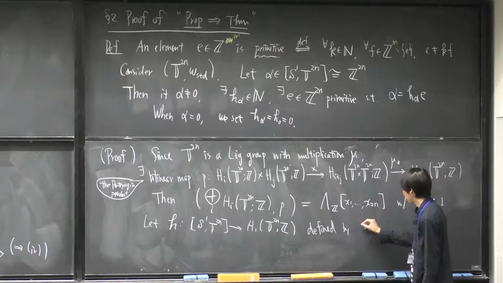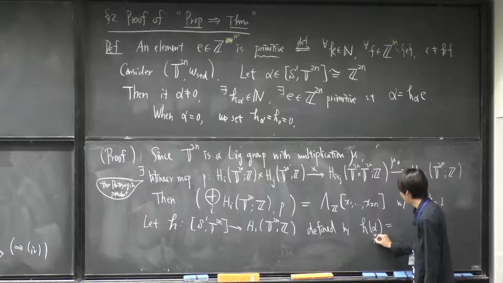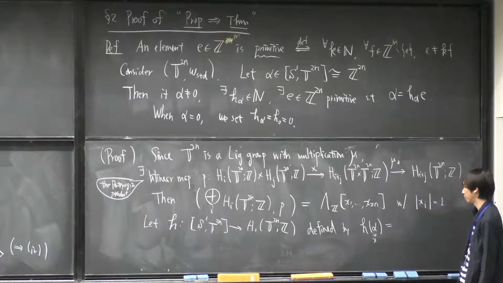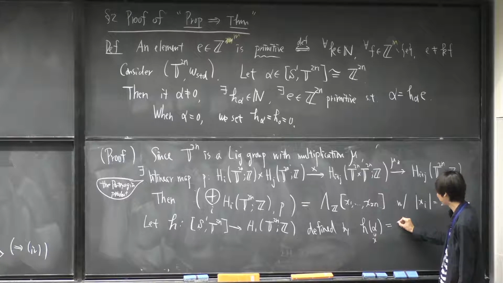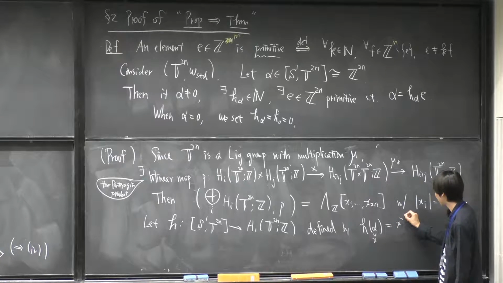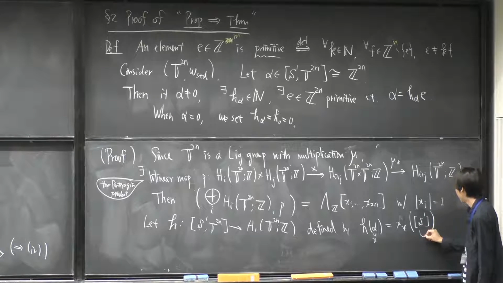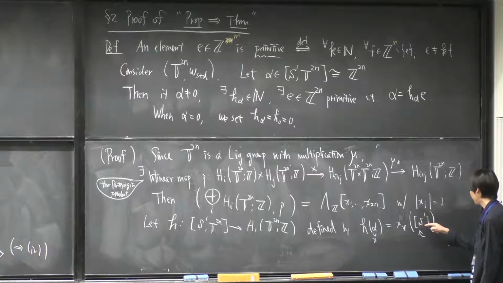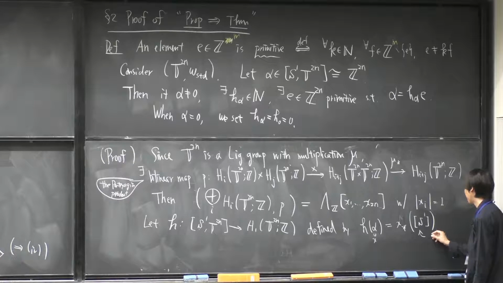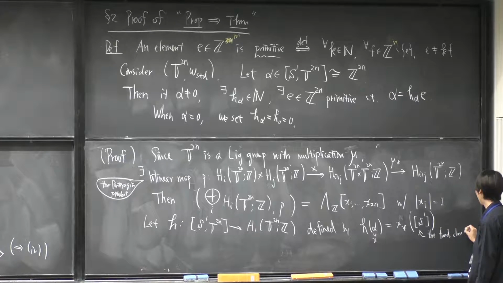For a free homotopy class alpha, we choose a free loop x representing alpha. For such alpha, x, we define this map by the push forward, and here S1 stands for the fundamental class of S1.